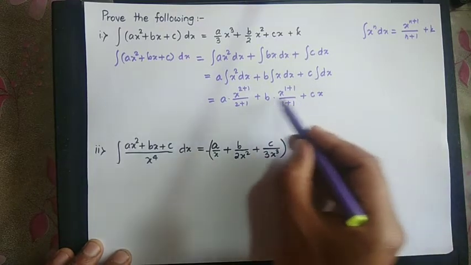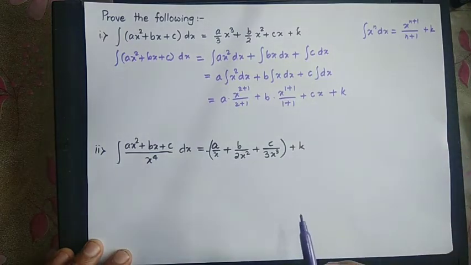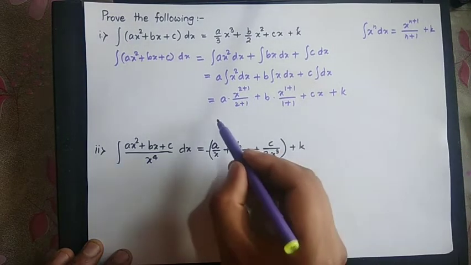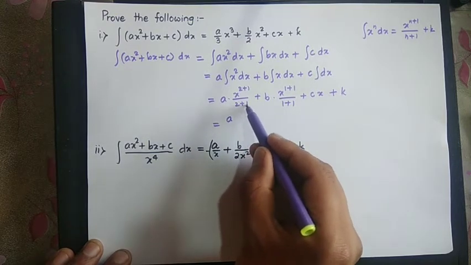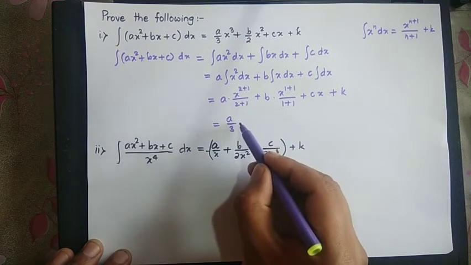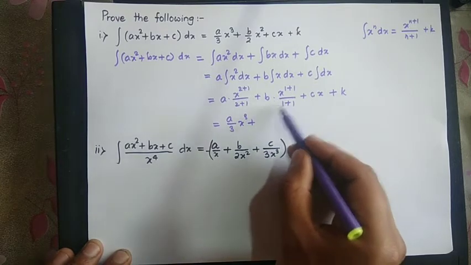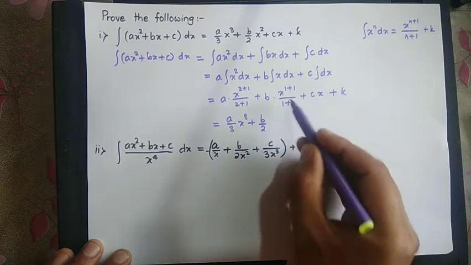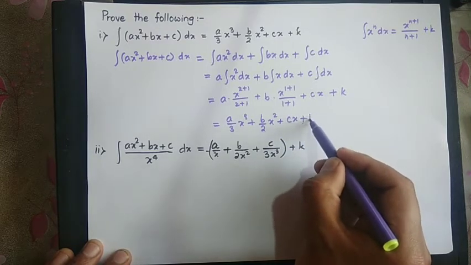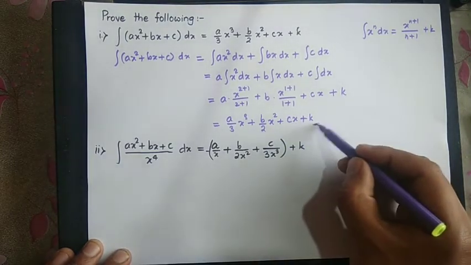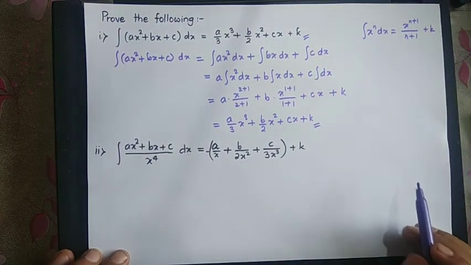Since we have completed our integrals, I need to put a constant over there. Now 2 plus 1 is 3, so we have a by 3 x cube, plus similarly b by 2 x squared plus cx plus k. So this will be our final answer. Pause the video to note down.